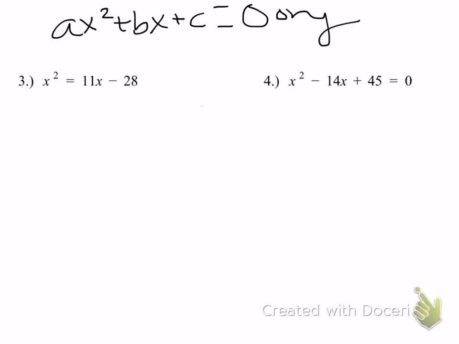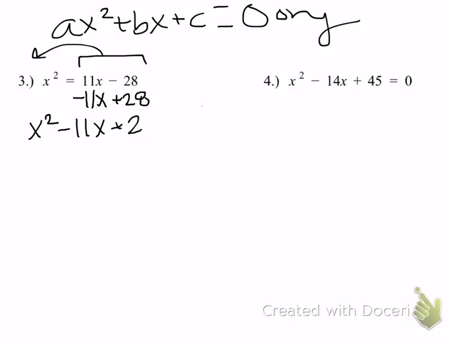And this one does not. It's equal to x squared. So I want to move all of this over to that side. I can't just move it; I have to move it mathematically by doing inverse operations. So this positive 11x is going to be moved over by subtracting, and that -28 is going to be moved over by adding. So x squared minus 11x plus 28.